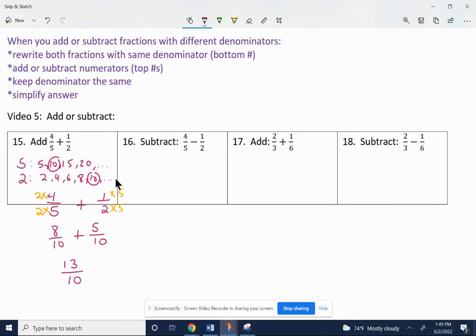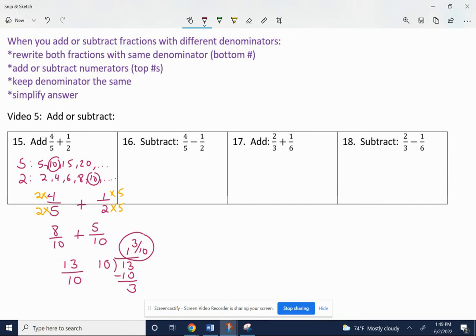But just in case Khan Academy or NWEA wants you to change that to a mixed number, we want to know that you could take 10 divided into 13. 10 goes into 13 once, with 3 left over. So it's equal to 1 3/10.